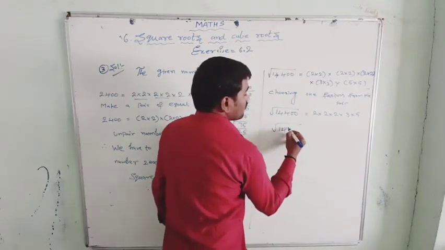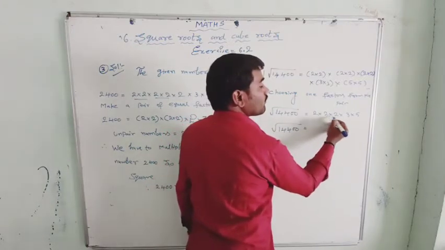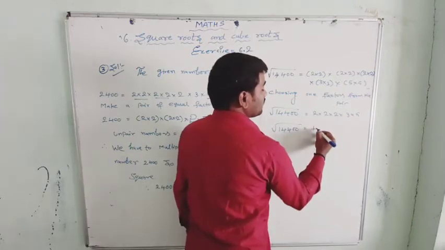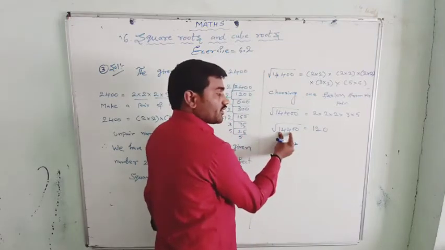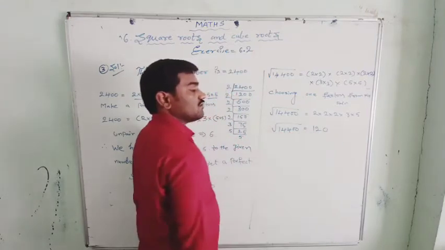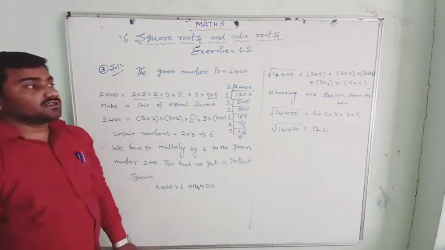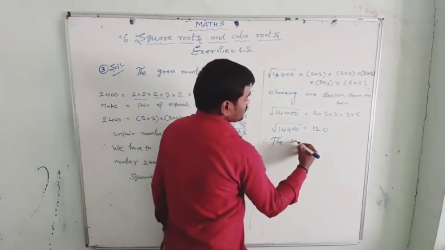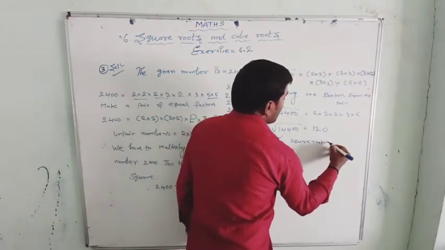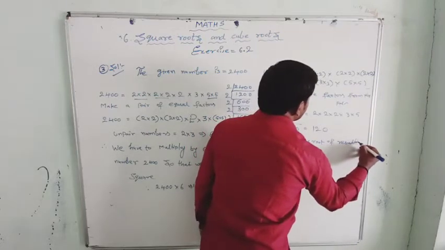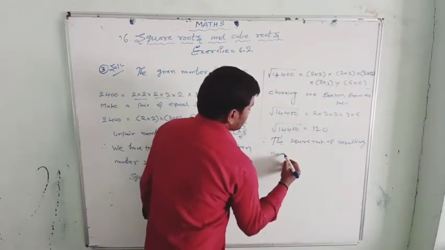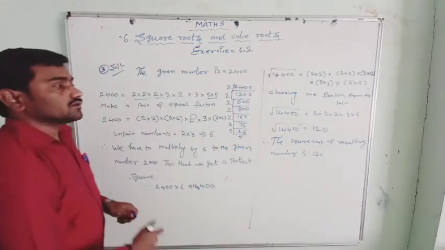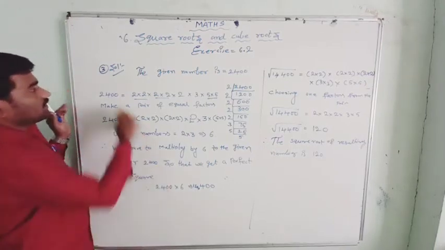That is 2 into 2 is 4, 4 into 2 is 8, 8 into 5 is 40, 40 into 3 is 120. Simple. The square root of 144 is 12, and here there are 2 zeros, so it comes 10. Therefore, the square root of the resulting number is 120. We have completed this question.